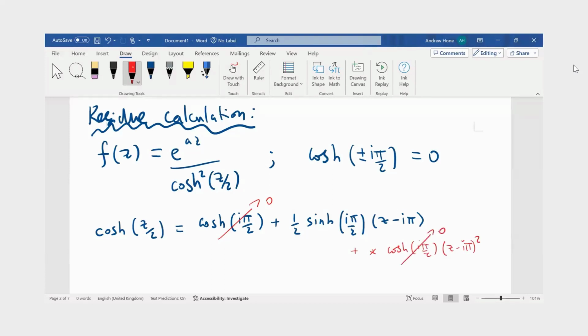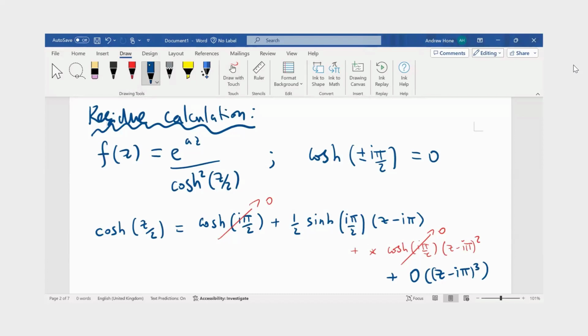So actually the next non-zero term in the Taylor series is going to be the cubic, which is also going to have some other coefficient, but it's not going to matter, of order (z minus i pi) cubed.